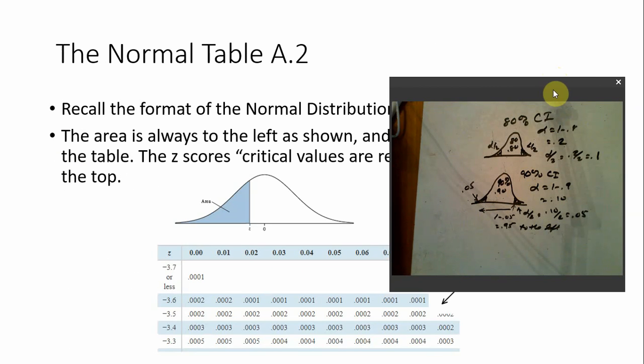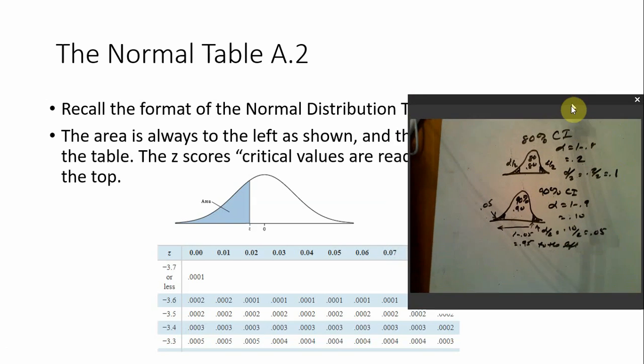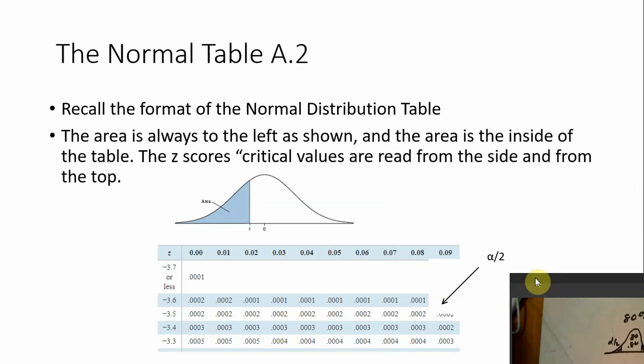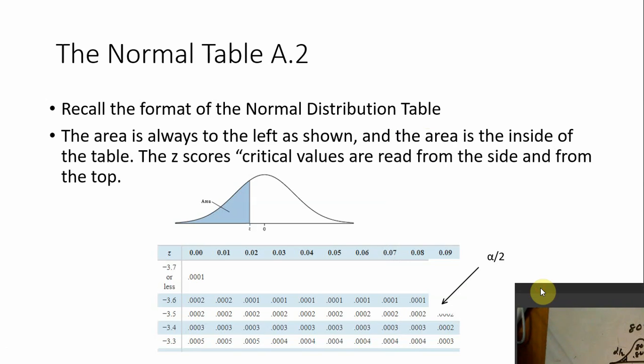So here's the format of the normal distribution table. When you go to table 8.2 in the back of the book, it's always area to the left. It says area and it's got a little picture, and that means the area is to the left.